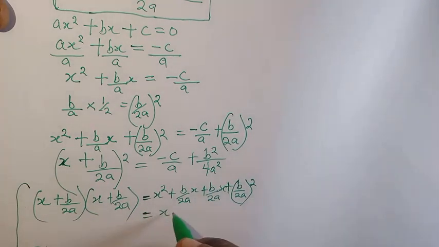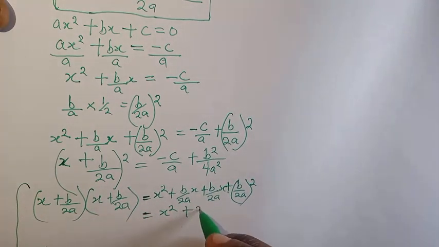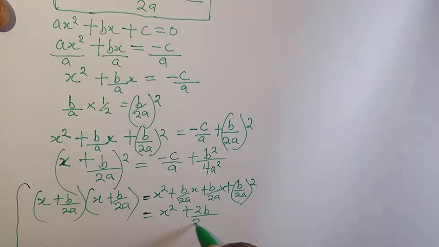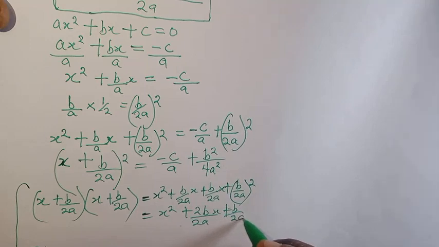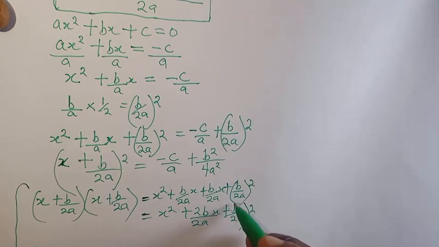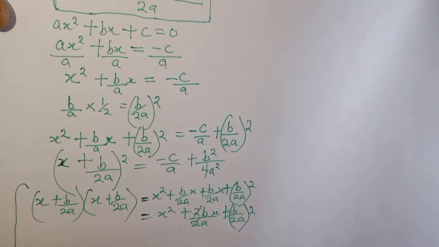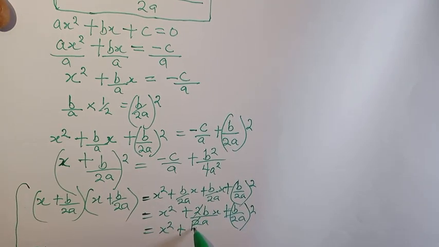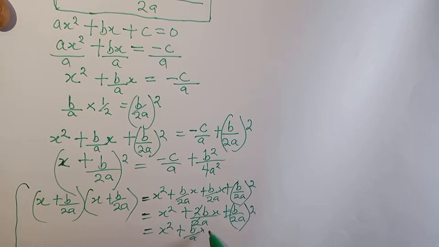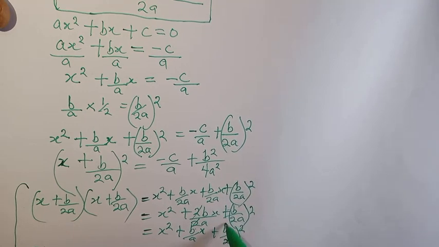So at the end of the day, this is x squared plus 2b over 2a x plus (b over 2a) all squared. So this 2 cancels out, and we're left with what? x squared plus b over a x plus (b over 2a) squared.